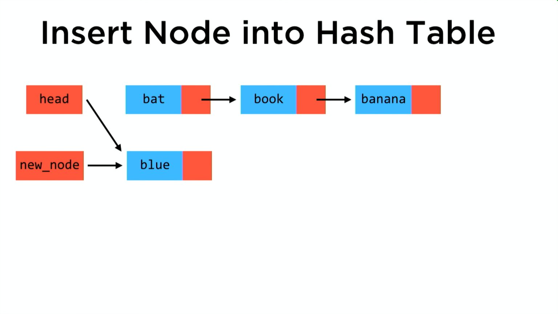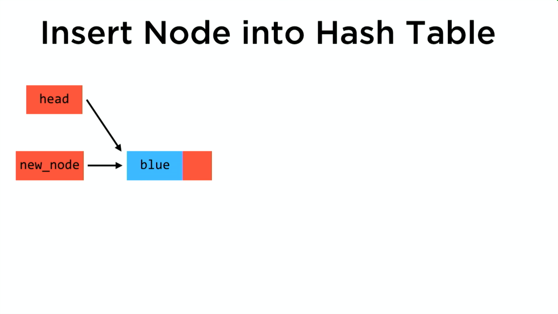But what's just happened? Now that I've set head to be blue, this very first node inside of this linked list, I've now lost access effectively to all of the other nodes that were previously in the linked list. I have no way to get to them because both head and new node both point to just this blue node, and blue doesn't point to anything else.